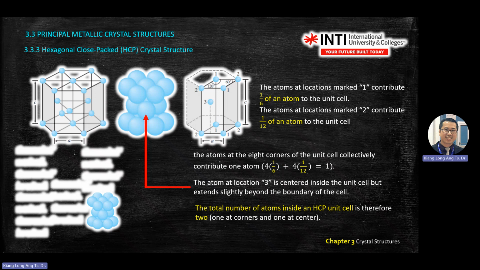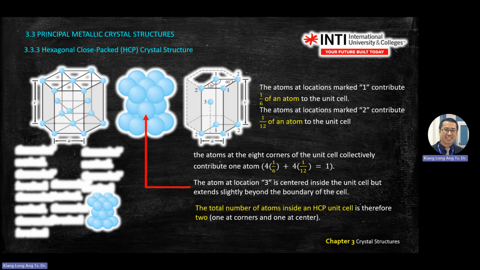So it's the lowest compared to the other 2 members. BCC, how many spheres do you have? 2 spheres, right? So 2, right? FCC you have 4. Okay.